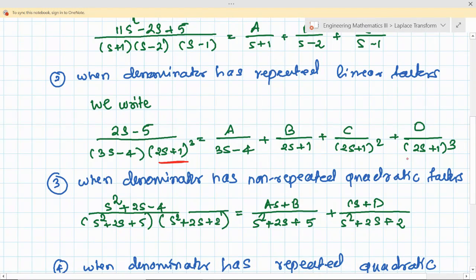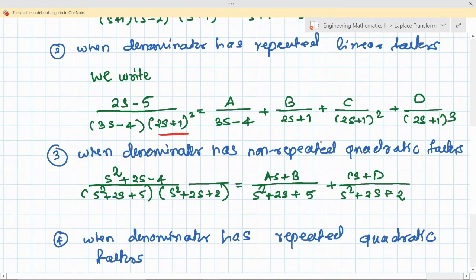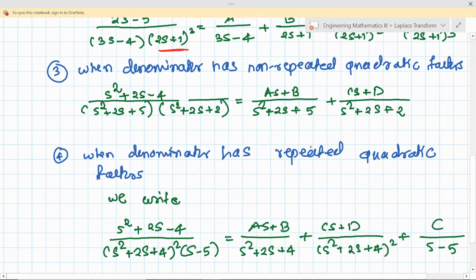If it is repeated 4 times, we add one more term, E upon 2s plus 1 raised to 4, and so on. Find the values of A, B, C. This equation is true for all values of s, remember this always. That is why we can find A, B, C, D in a simple way. We have some examples we will discuss, so at that time you can understand how to solve that.